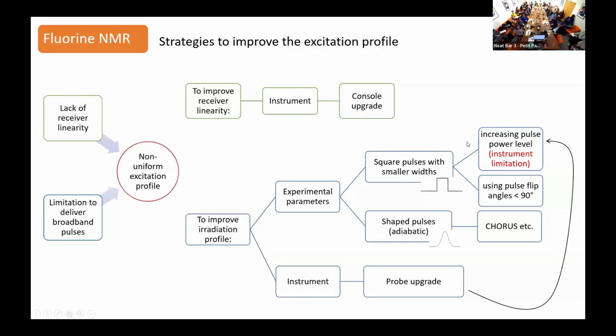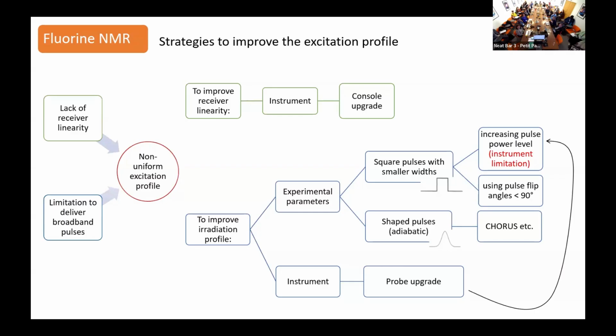To do this, we could increase the pulse power level. But here it depends on the probe because we cannot increase too much, otherwise we can cause damage to the probe. But also we can use smaller flip angles. Usually for proton, we use a 90 degrees pulse for qNMR. We could try smaller ones.